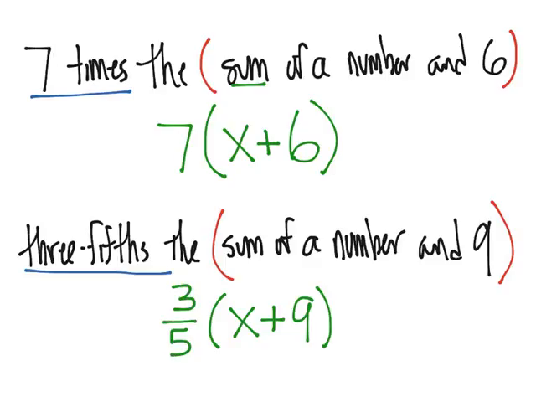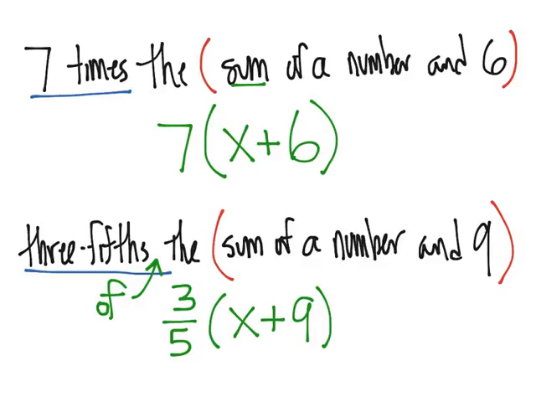You'll notice that I'm multiplying by 3/5 even though there's not a word here that specifically says so. You will often see the words 3/5 of the sum of a number and 9, but not always. So you'll have to use your best judgment as to how to interpret some of these problems.